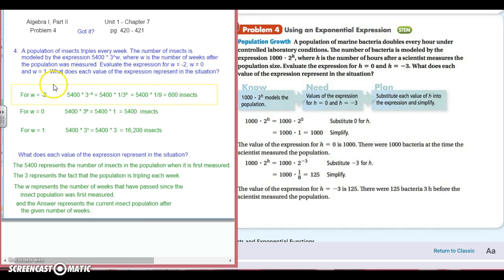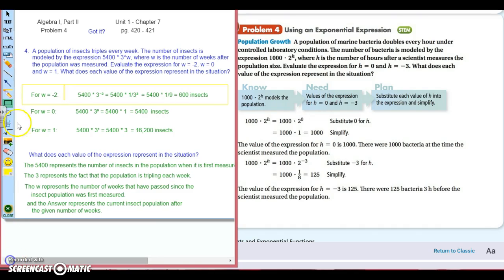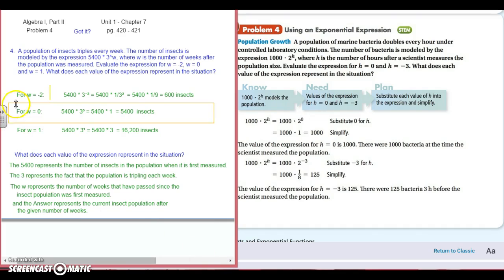So we're going to just do the same thing for the other two values. You're going to substitute the 0 in. Okay, so if we put 0 in for W, it's 5,400 times 3 to the 0 power.